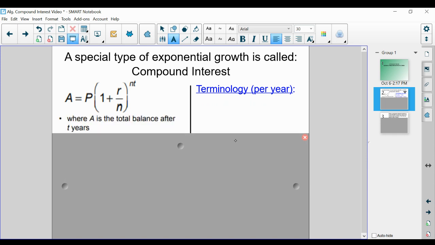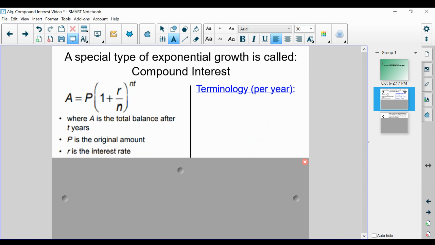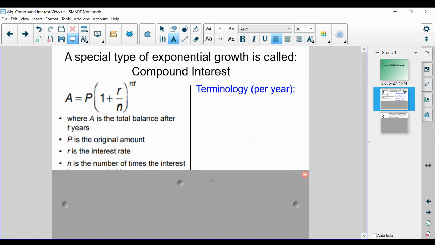A is the total balance after however many years, so t years. P is the original amount. So if you start with $100, your P value would be 100. R is the interest rate. You can think of it as just a rate, we just have a specific name for it, the interest rate, which you've probably heard of in life so far.